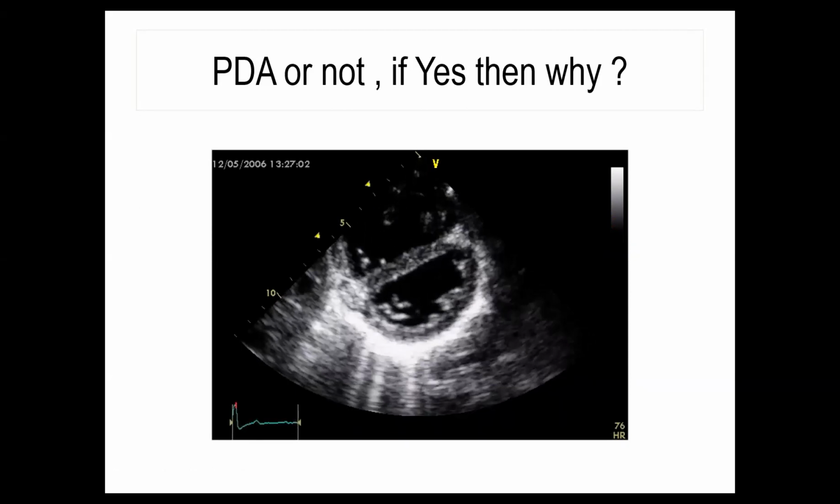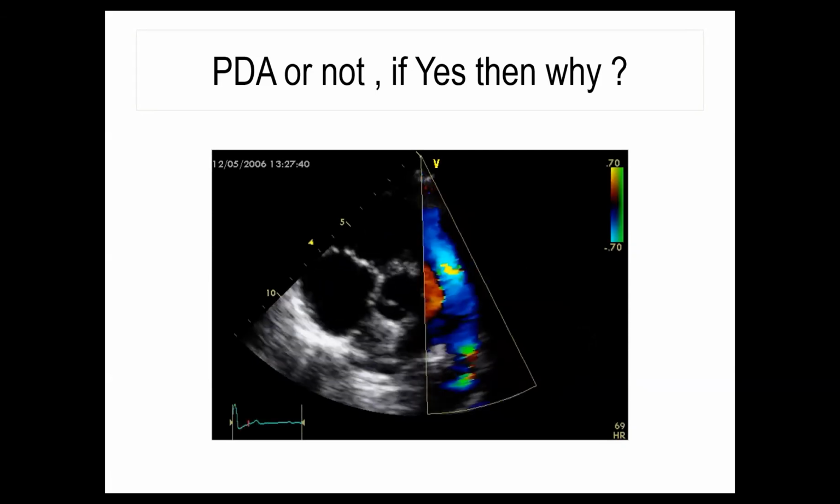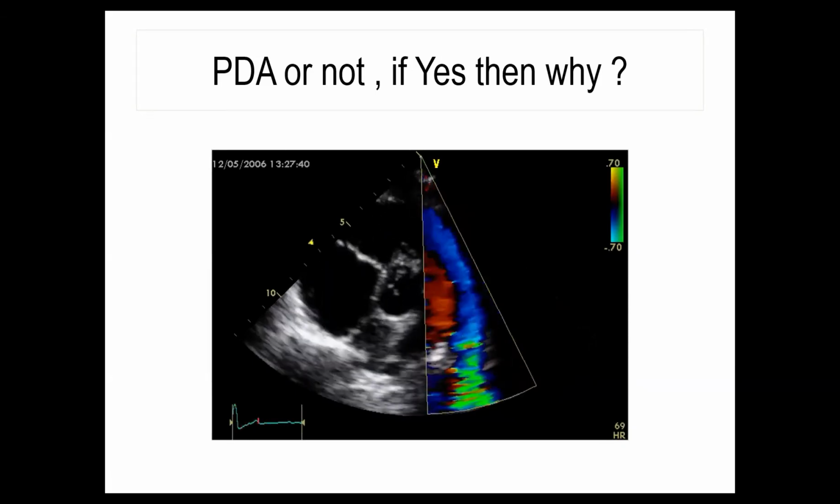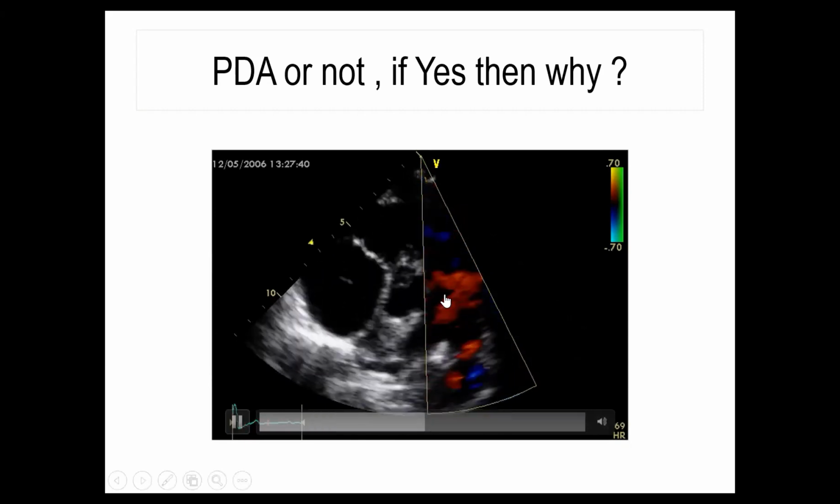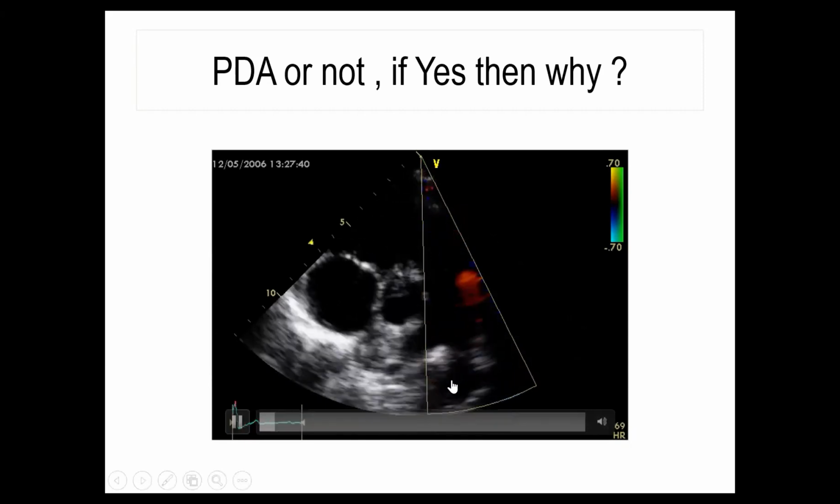Is that right? If yes, the flow which was happening from the descending aorta to the pulmonic artery during systole, because LV pressure was more than RV pressure, will disappear. Now the flow is happening from RV to descending aorta because RV pressure is more than LV pressure during systole.